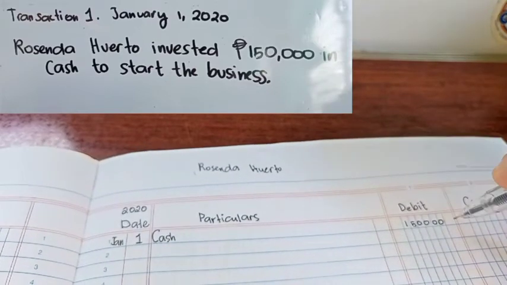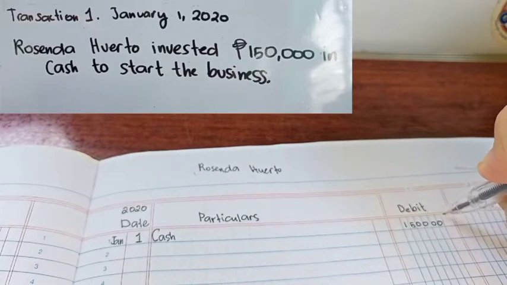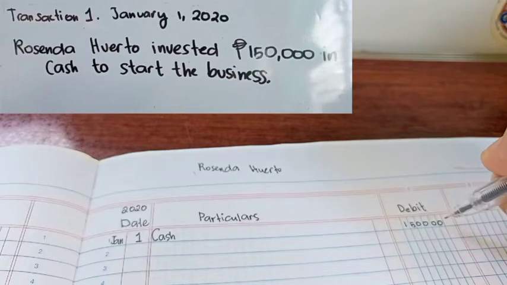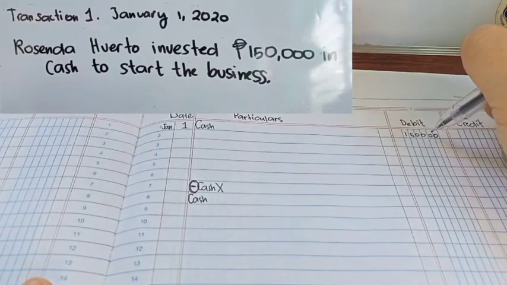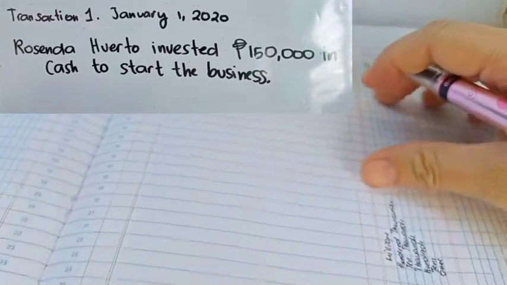As you notice, we did not use this area, because it is for the centavos. You put the centavo amount there if the amounts given in a problem have centavos. In placing the amounts here, we use this area.